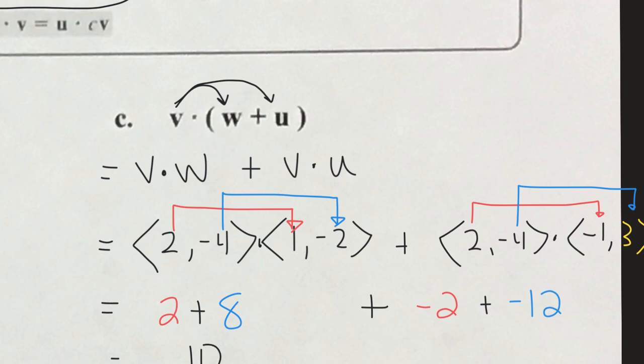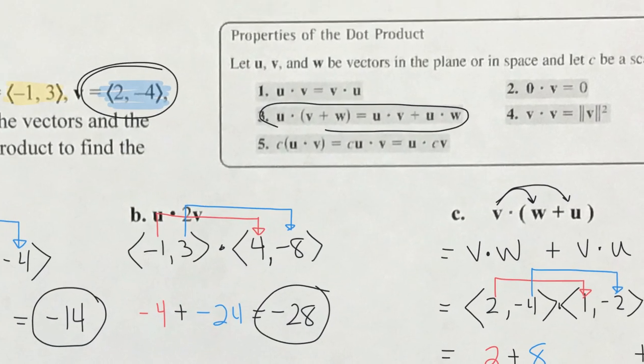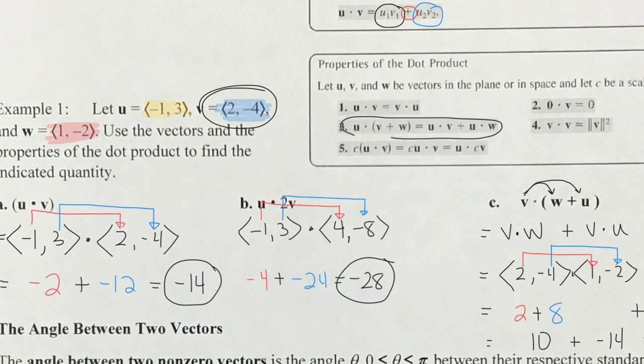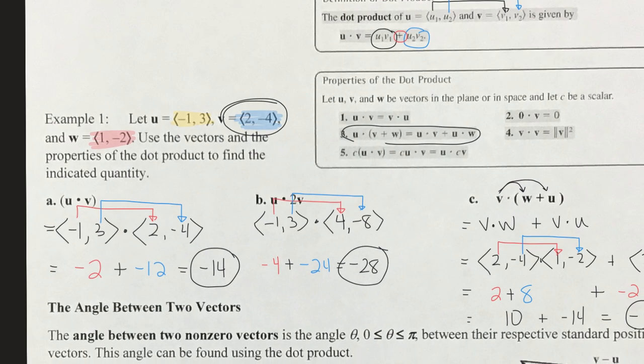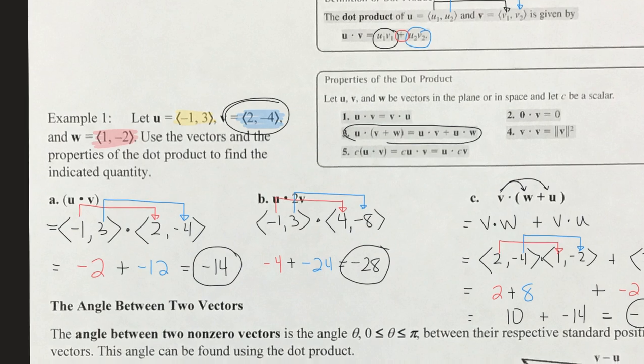So we're looking at 10 plus -14 is a grand total of -4. So these are dot products, right? This is how we calculate a scalar value called the dot product. You multiply the x components together, you multiply the y components together, and then you add those two products together. Dot product, vector multiplication.